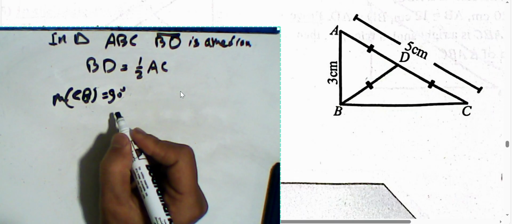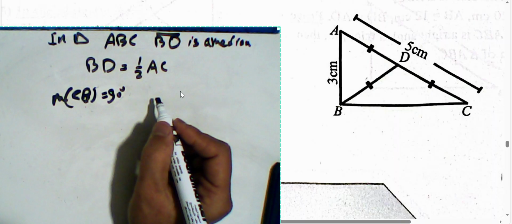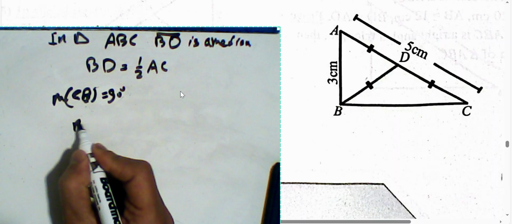Then we can find the length of BC from the Pythagorean theorem.